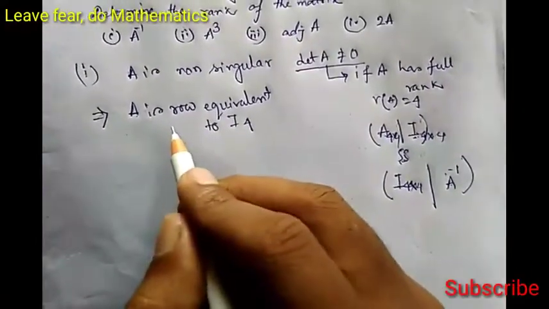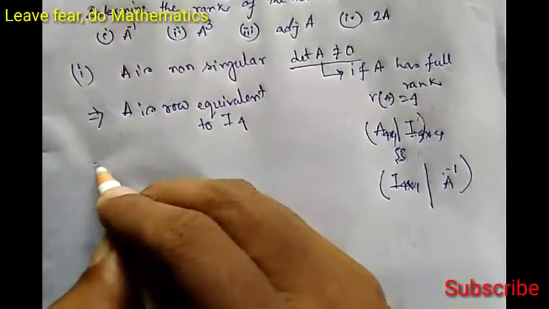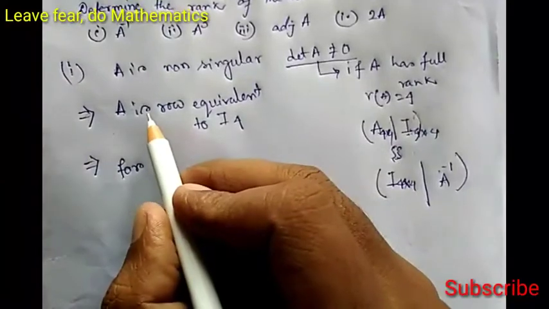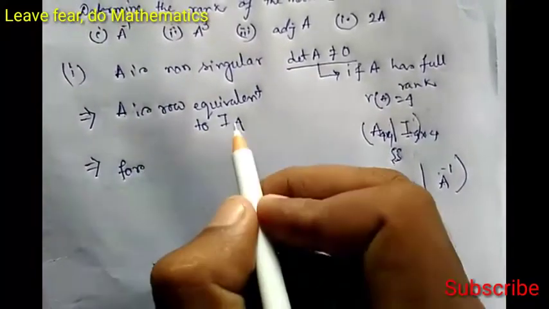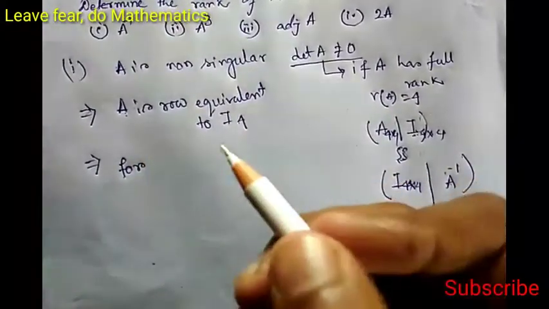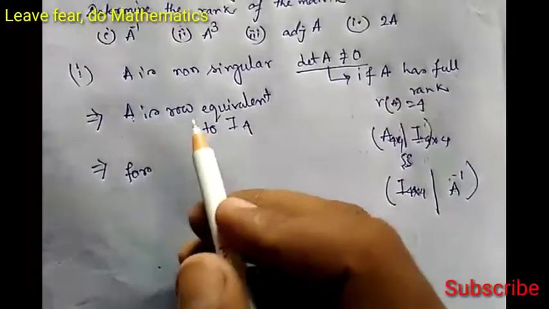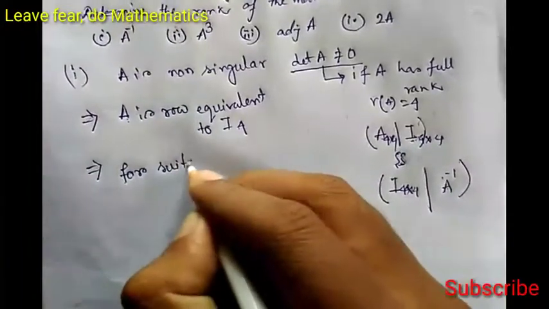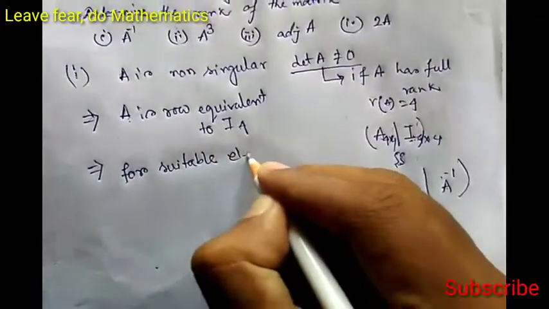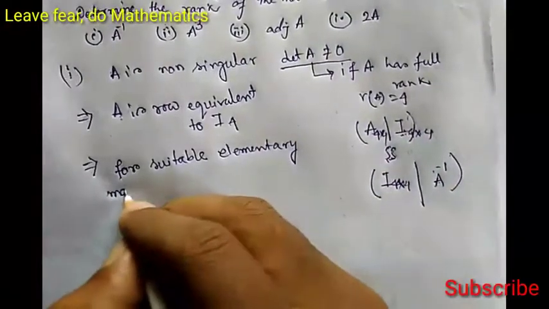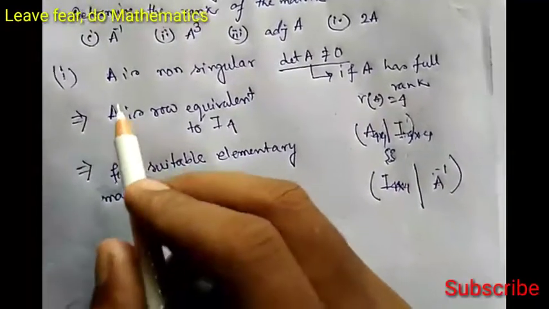What does this mean? A is row equivalent to I4 means we can get I4 from A by successive elementary row operations, after some finite number of them. Elementary row operations mean multiplying the matrix by elementary matrices from the left.